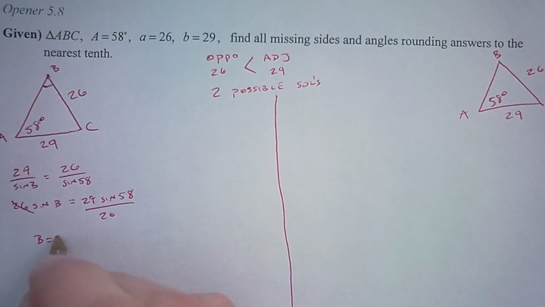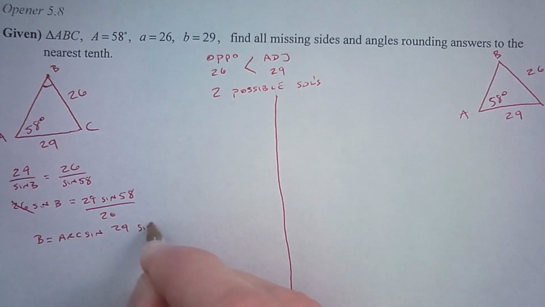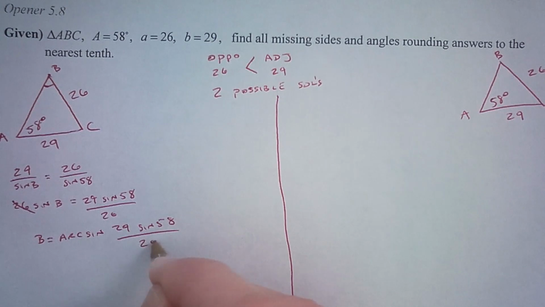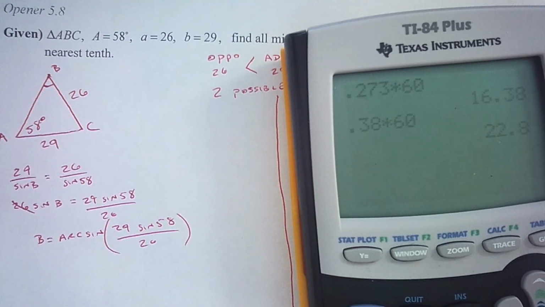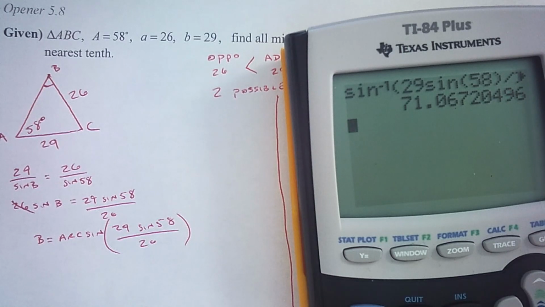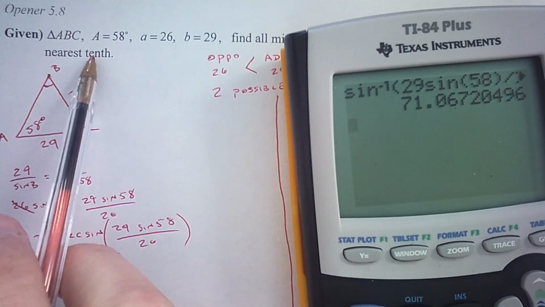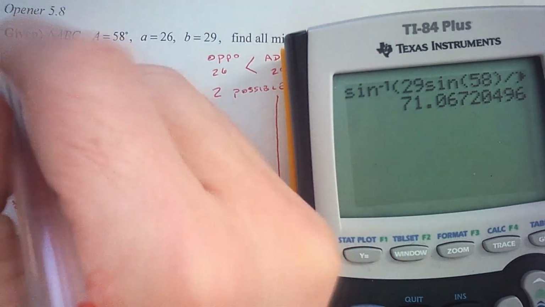So B is arcsine 29 sine 58 over 26. So we get 71 point, and it says nearest tenth, so 71.1 degrees.